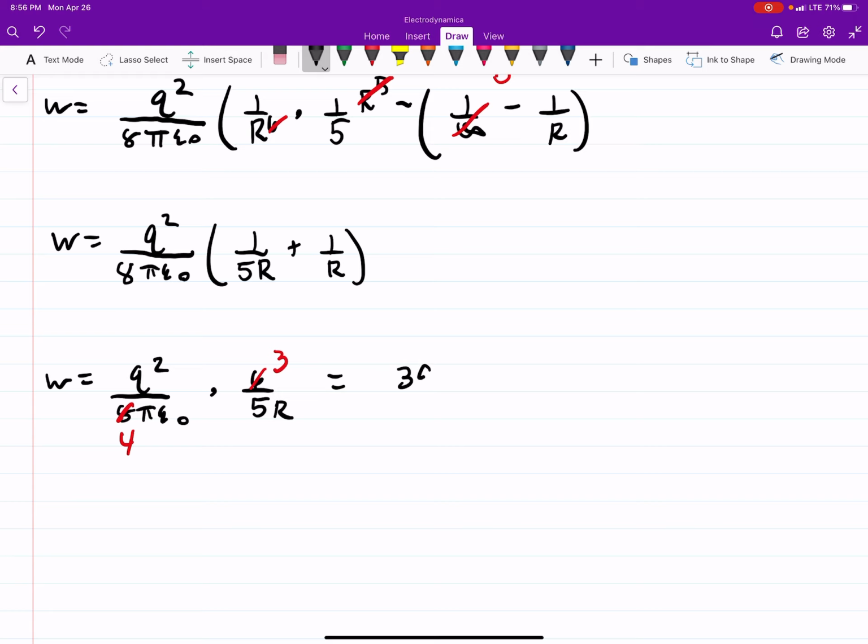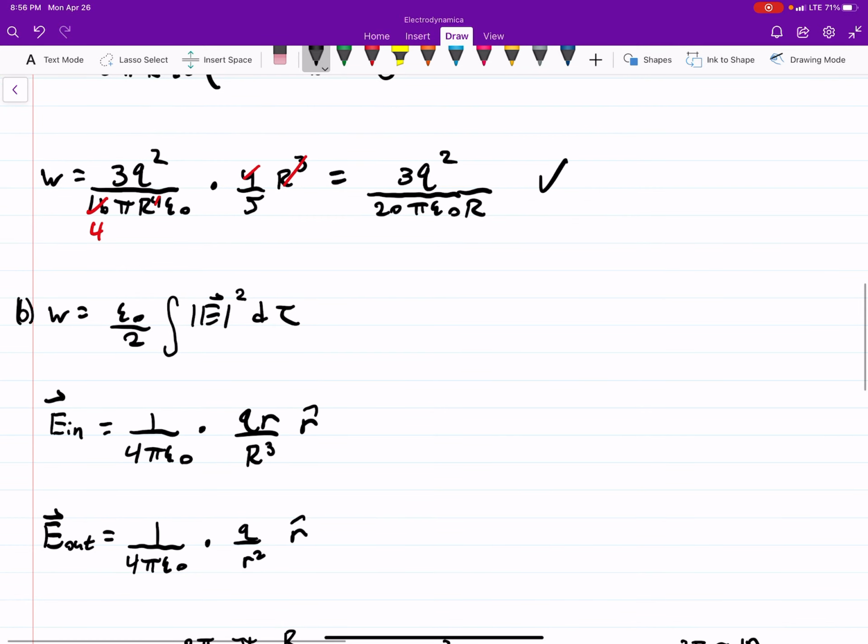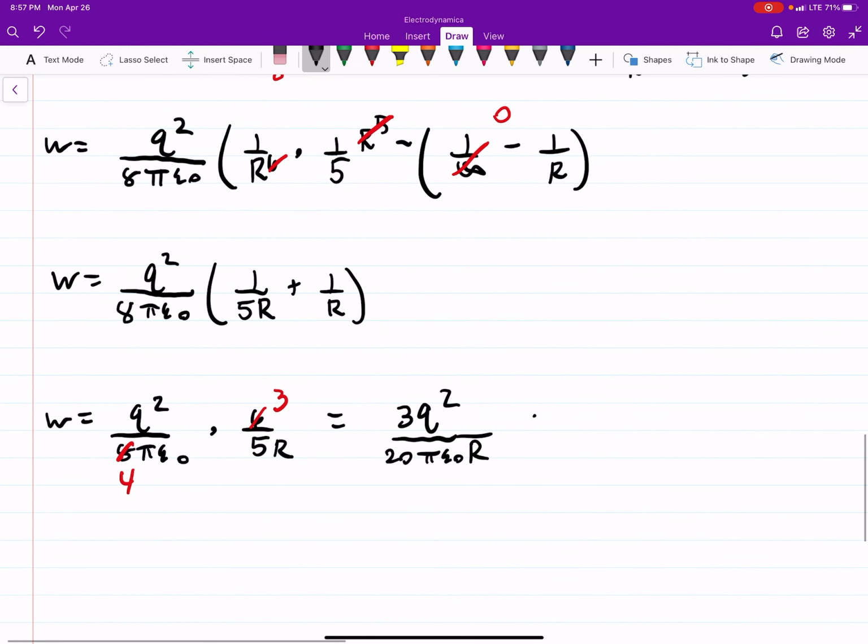So you get 3q squared over 4 times 5 is 20 pi epsilon naught R. And if we look up, that's exactly what we got here. So we're able to get the same answer doing 2 different ways. One uses E field, one uses potential. So I think that was worth going over. Hopefully that helped out.